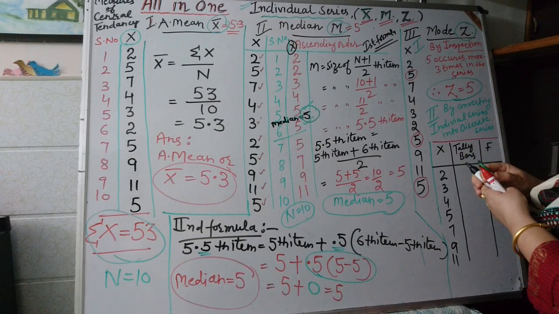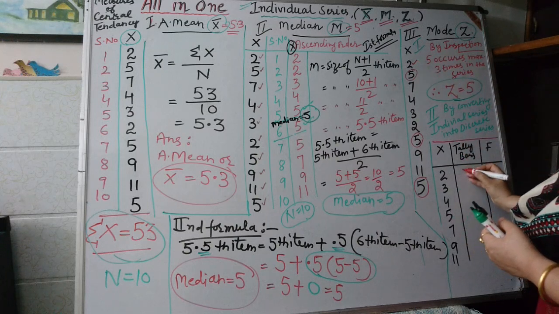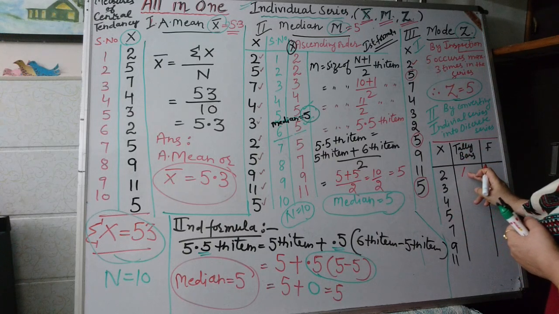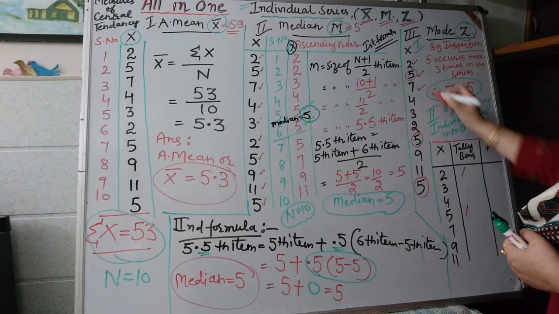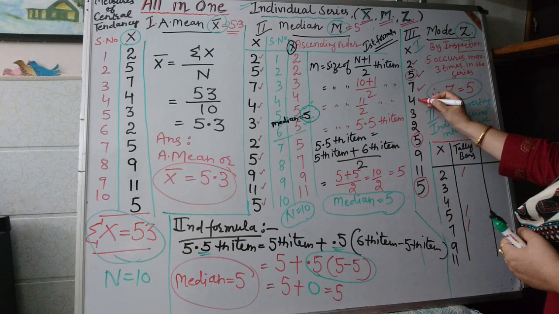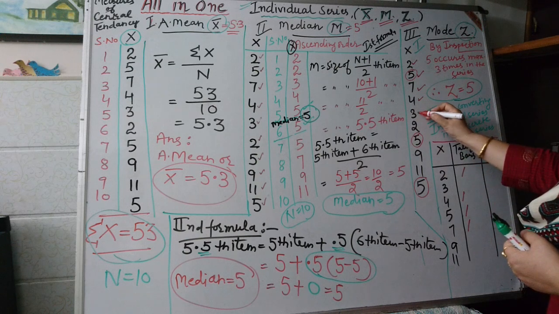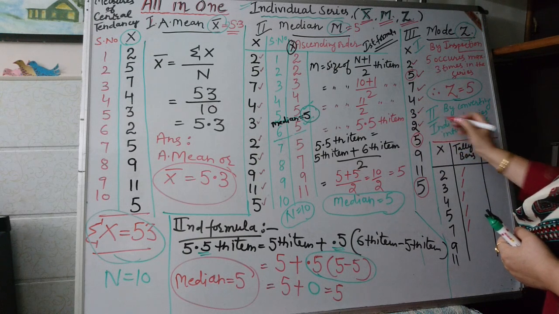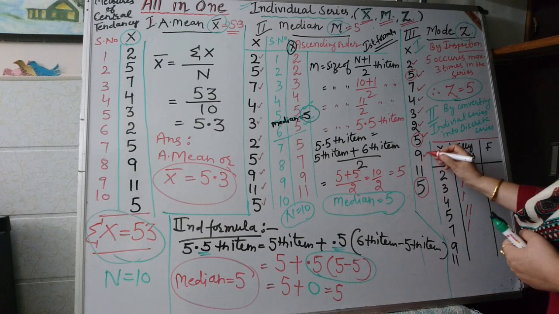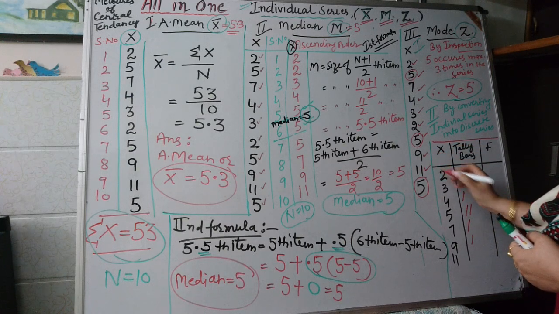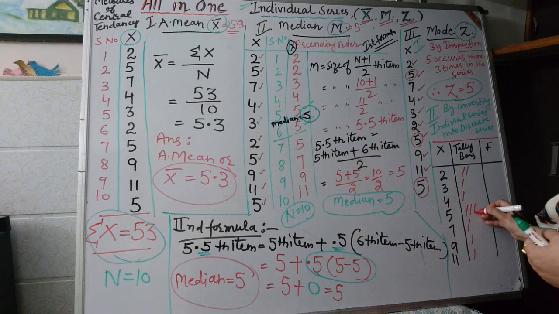First the bar for 2, then 5, then 7. After that 4, then 3. Then 2, then 5, then 9. Then 11 and the last one is also 5.